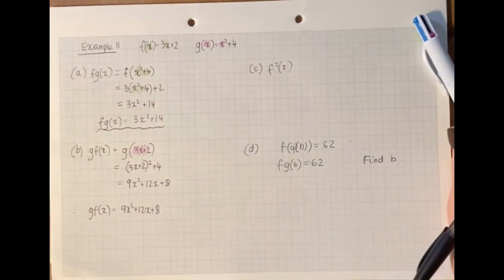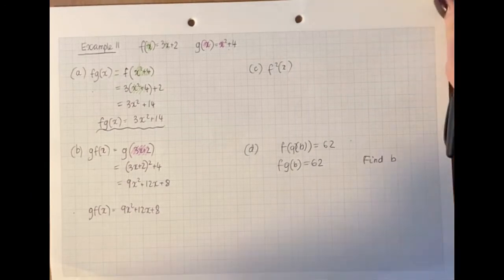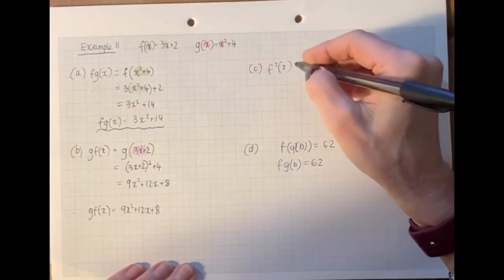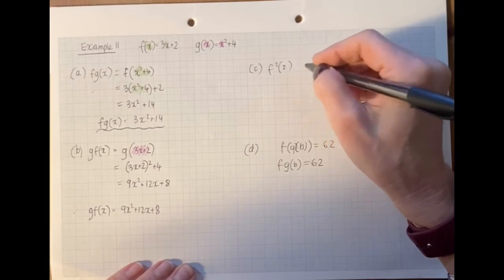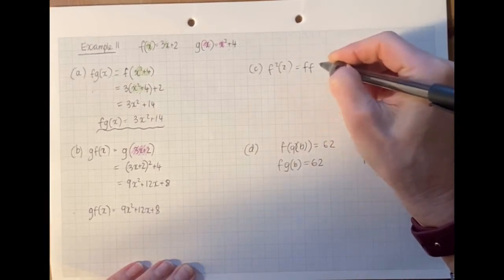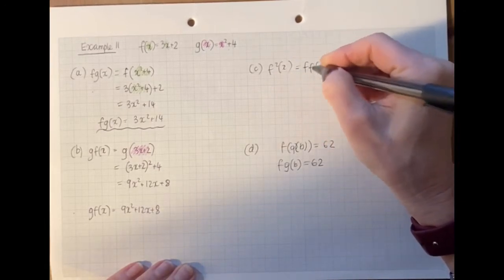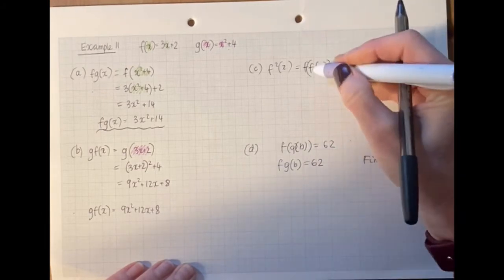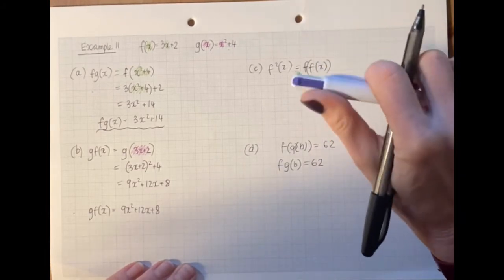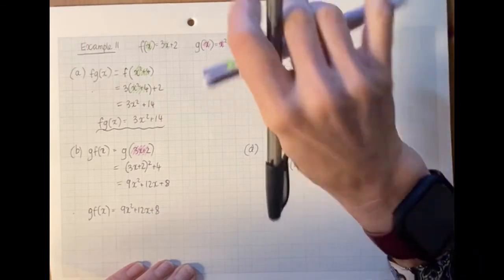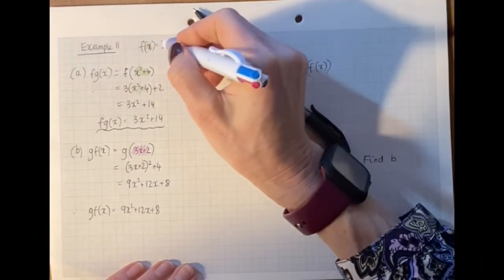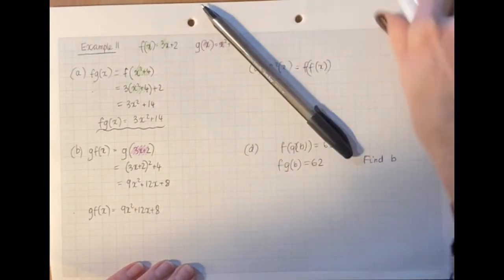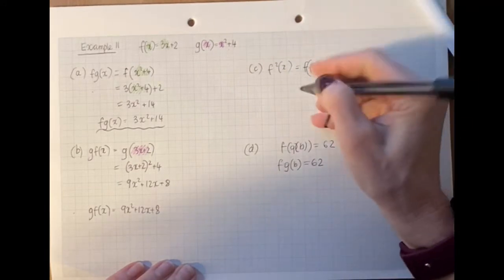So that's the answer. Okay, here we've got to find the rule of f squared of x, which is f of f of x. That tells me take my function f of x and feed it to another f of x.